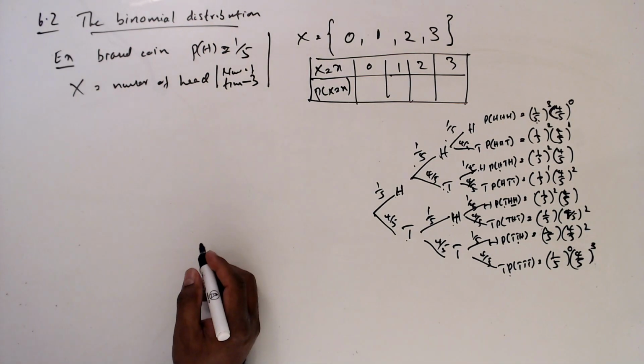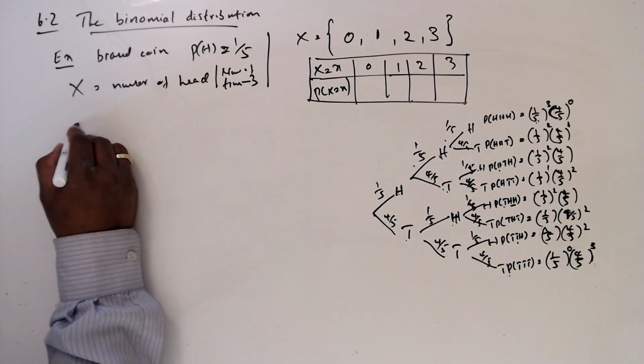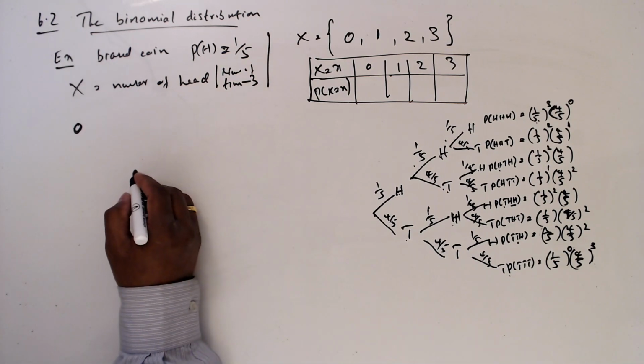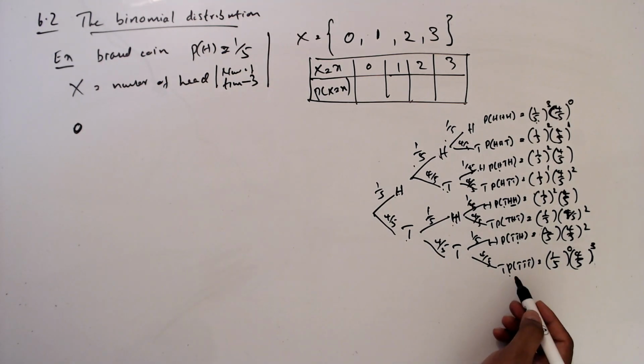Now we'll write when X equals 0, no heads. So what are the options?